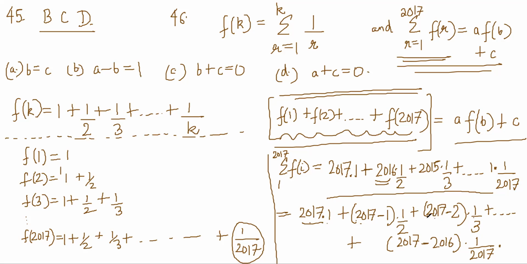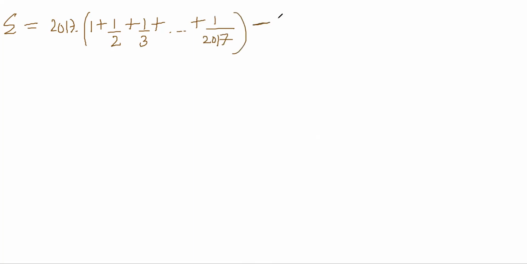And there are some minus half, minus 2 by 3 and so on, right? So when you do the summation it becomes 2017 into 1 plus 1 by 2 plus 1 by 3 plus so on till 1 by 2017, minus the second term, which I think was half.